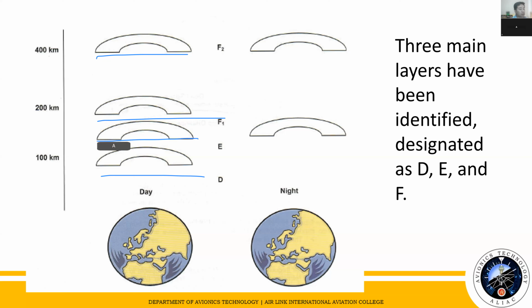So si E, pag gabi naman, okay, nagkakaroon lang siya ng change of height. Tumataas lang ng konti. So the F is the most strongly ionized and has the greatest diurnal change in height.